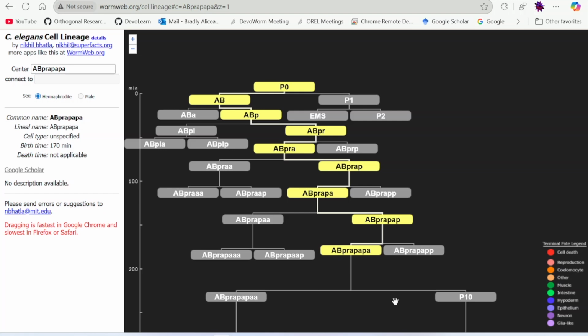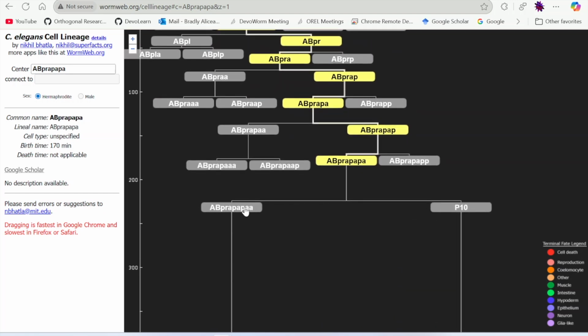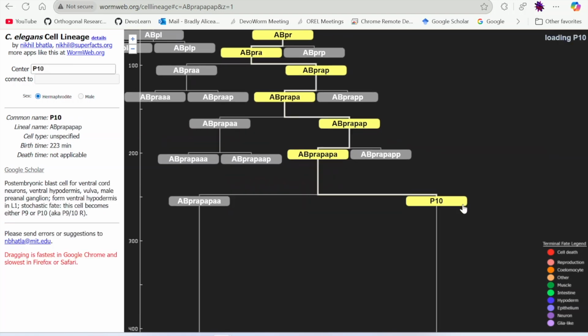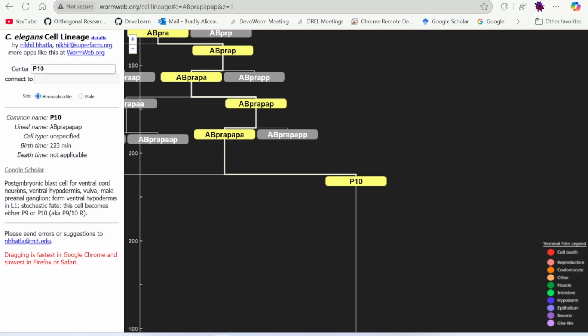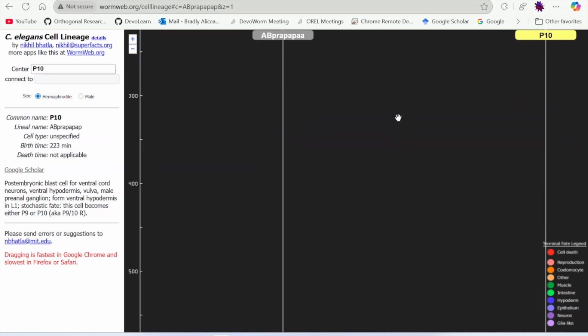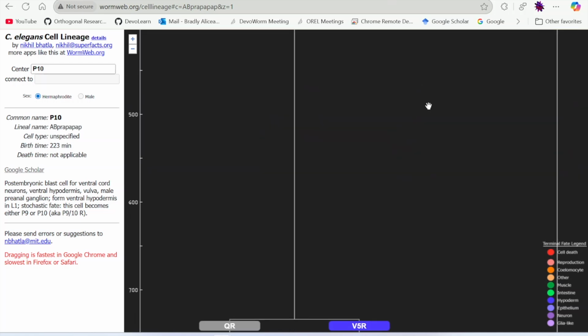I'm following down to some of these cells that start to change their nomenclature. So these AB cells with the suffixes are all part of this AB sublineage. But then we get to something called P10, which is a different type of cell. And if we click on it, it's a post-embryonic blast cell, ventral cord neuron. So you start to get these differentiated cells in the lineage tree.